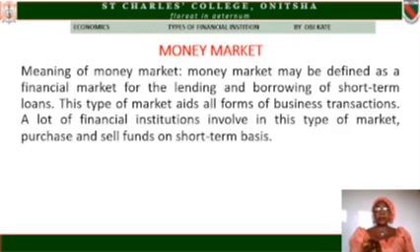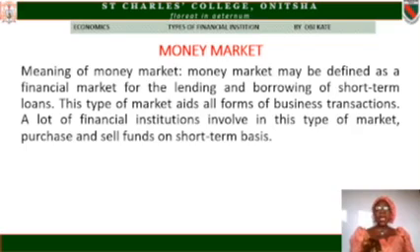Now, we are going into the lesson. We are starting with meaning of money market. Here in our lesson, we are going to discuss 2 types of financial institutions, which are money market and the capital market.